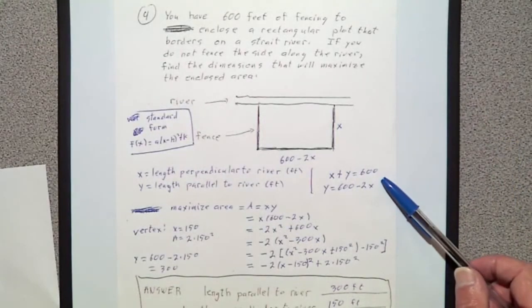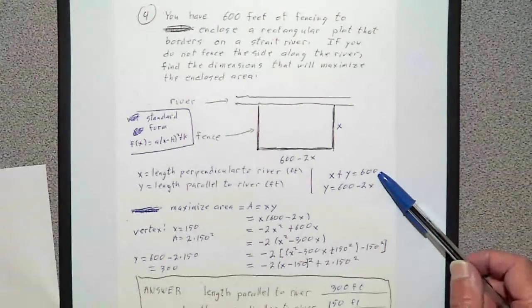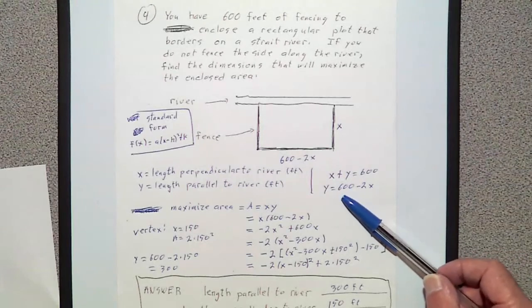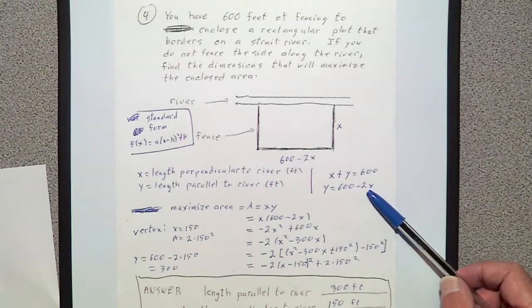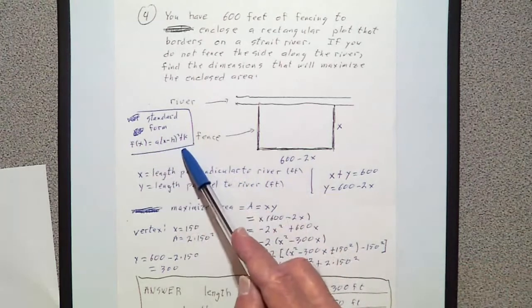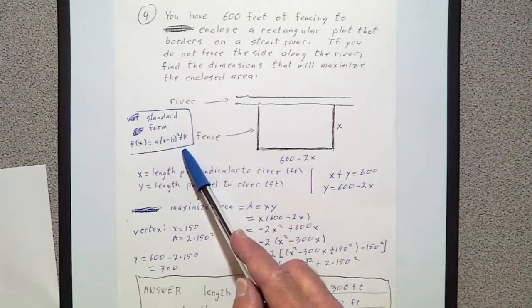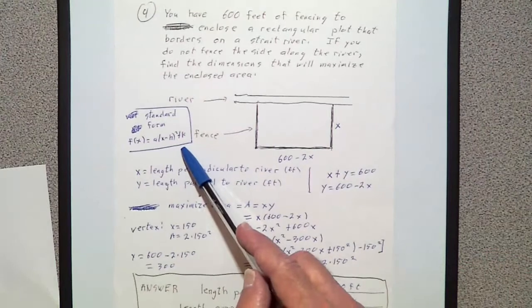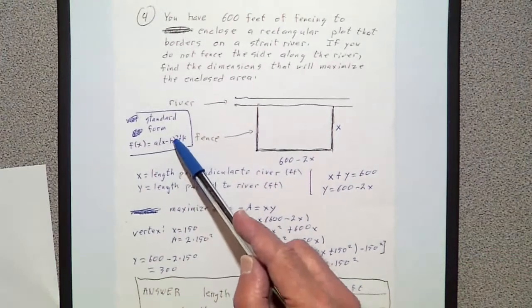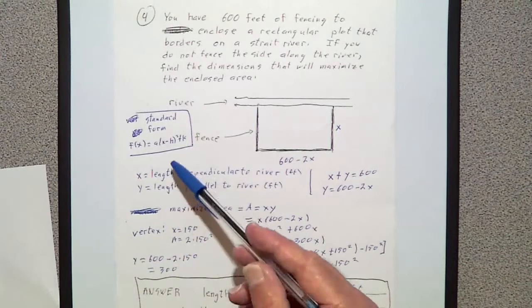We know that 2x plus y is 600, so you want to solve for one variable in terms of the other. I solve for y, you could solve for x. y is 600 minus 2x. Now here's the standard form for the equation of a parabola: a times the quantity x minus h squared plus k.